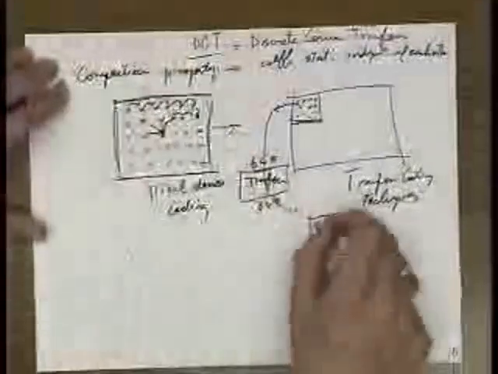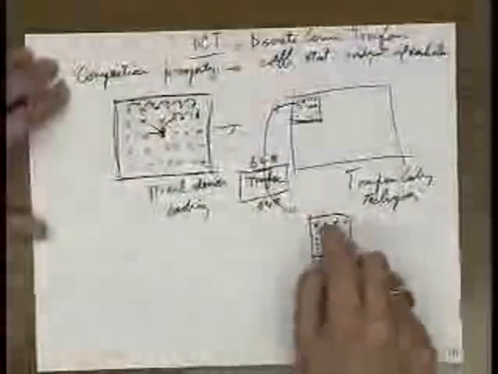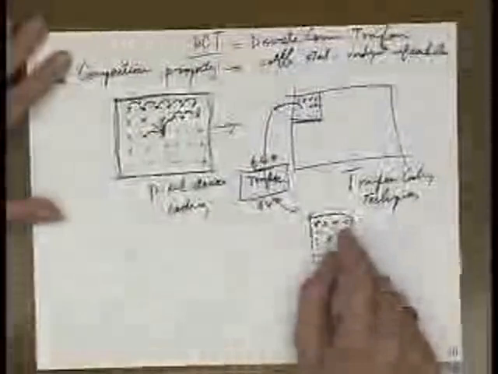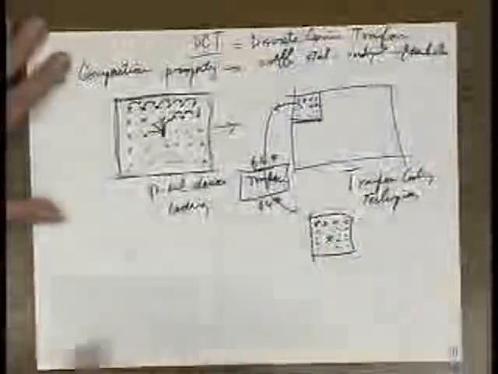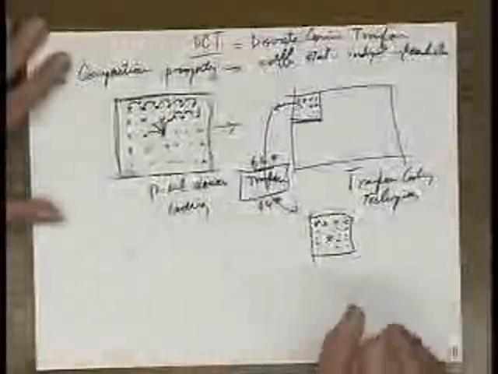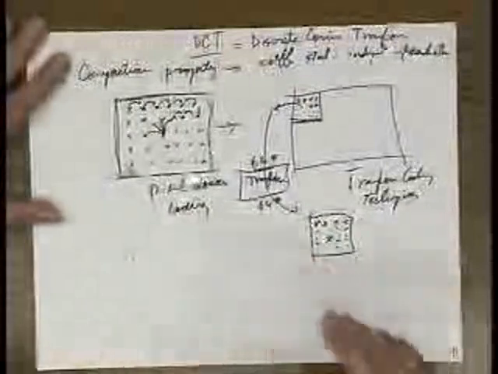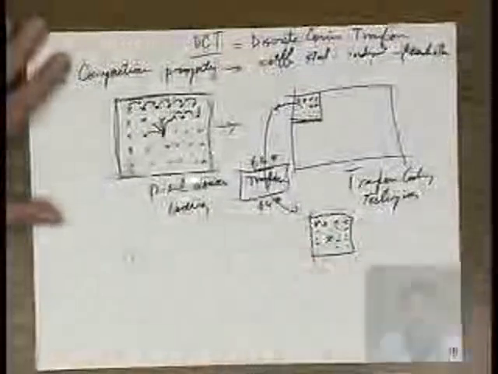And that's where the compaction property kicks in. The reason this is a good scheme is not only these are independent of each other, but there's also a compaction property in that of those 64 coefficients, I can keep the biggest 5 and throw away the remaining 59. And by throw away, I mean set the remaining 59 equal to 0. And if I take the inverse transform of this in the picture domain, virtually I see no difference.